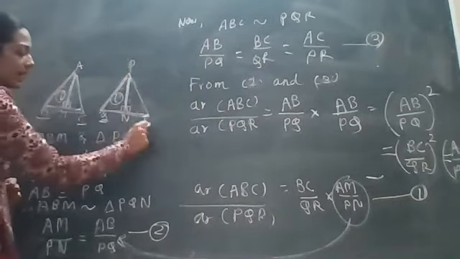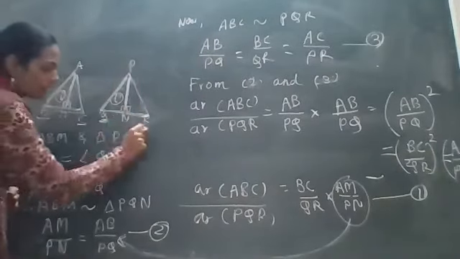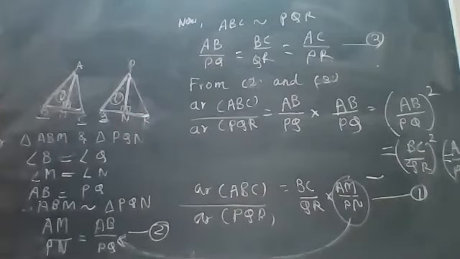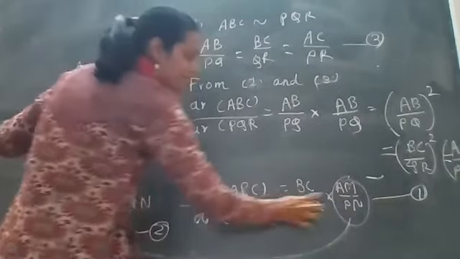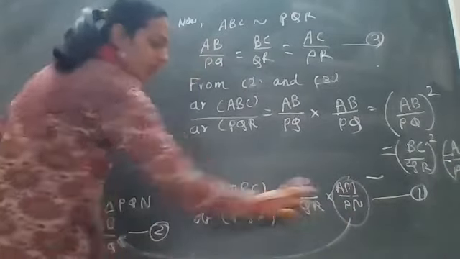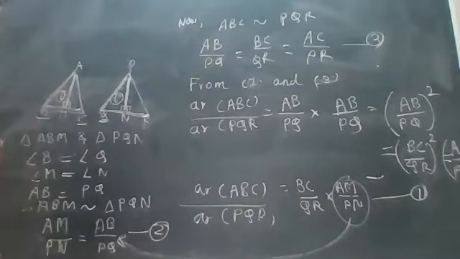Area of PQR is equal to 1/2 into QR into PN. Okay, so what will become? This 1/2 will cancel out and we will get AM upon PN into BC upon QR.